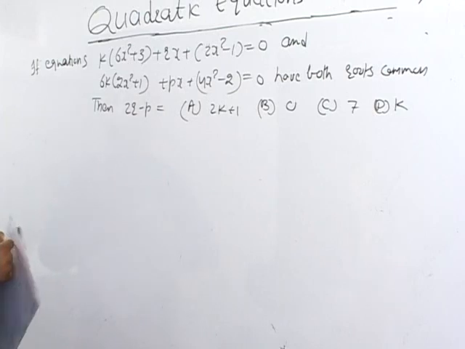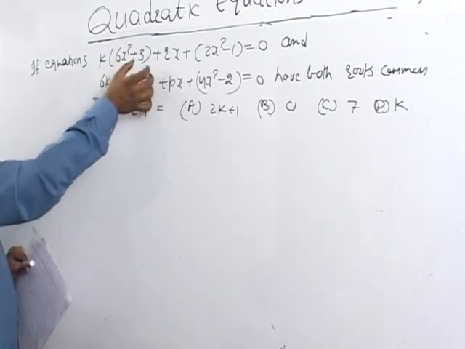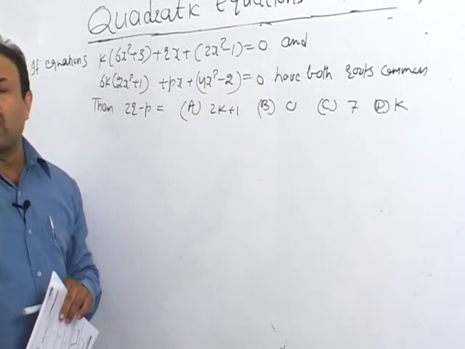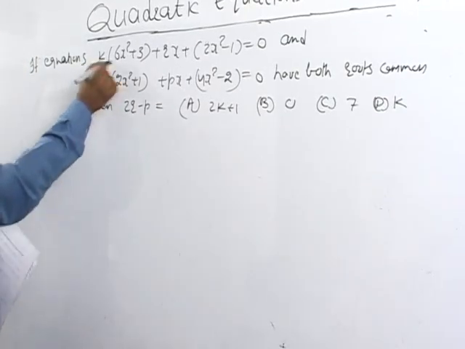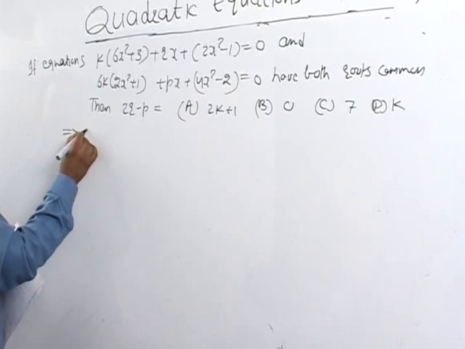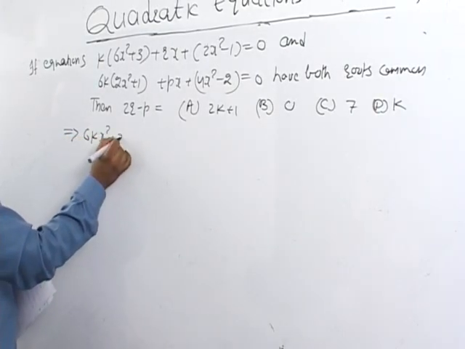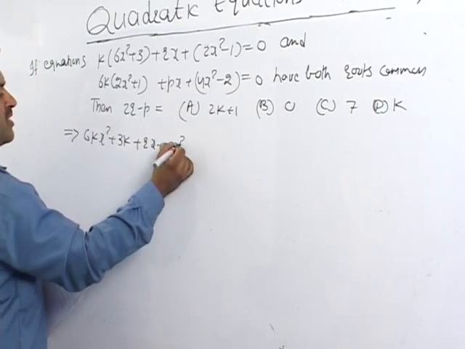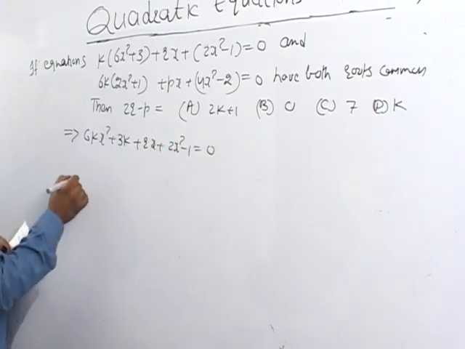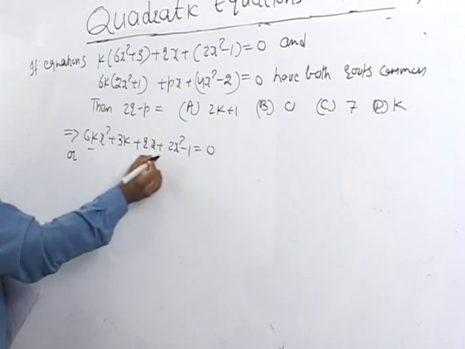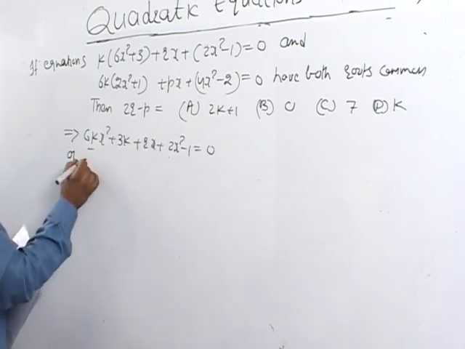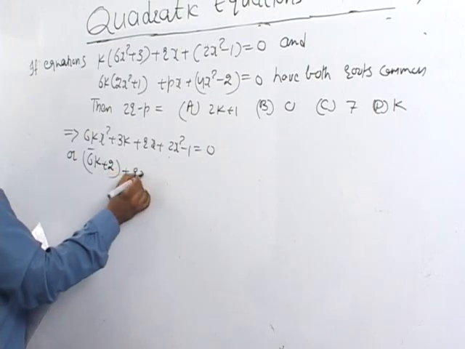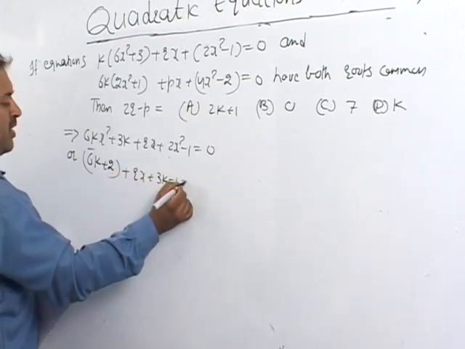First of all, we will rearrange the terms and write them in a proper order. Multiplying this way, we get 6k x square plus 3k plus rx plus 2x square minus 1 is equal to 0. Combining the coefficient of x square, we get (6k plus 2)x square plus rx plus 3k minus 1 is equal to 0.